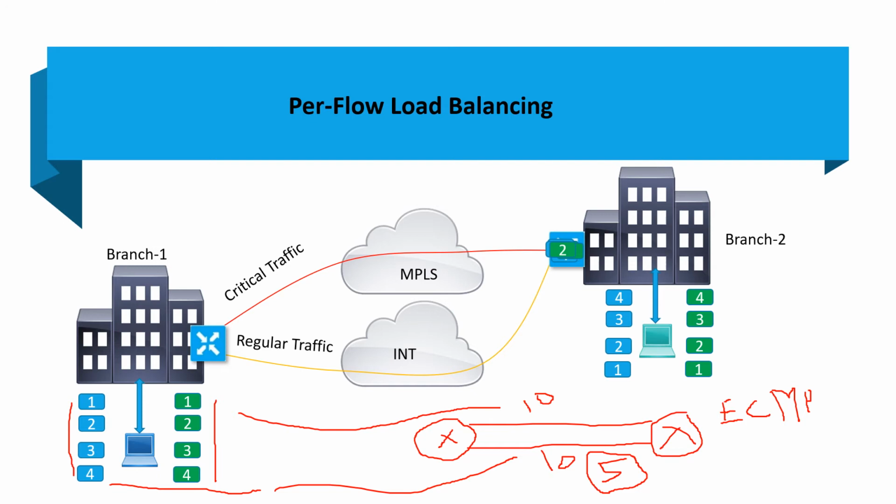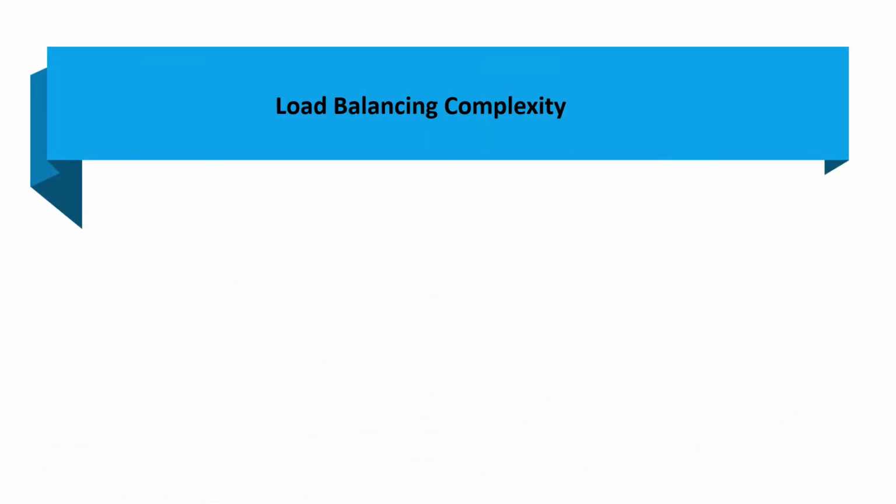If 5 Mbps cannot accommodate, it should move to 10 Mbps automatically. So it added a lot of complexity when it does the load balancing.